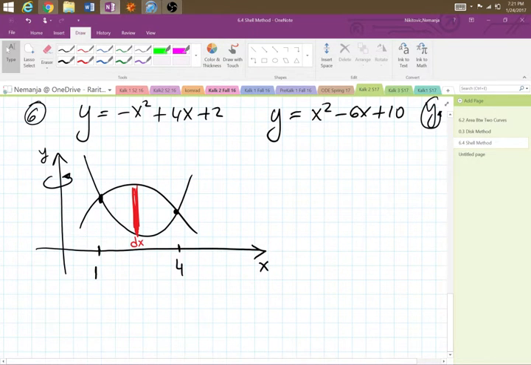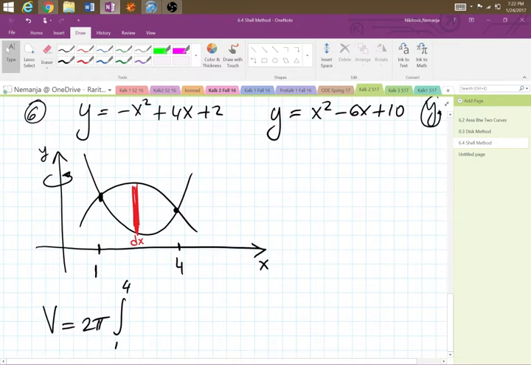So now we set up our integral. We are using dx, so the volume is 2 pi times the integral from 1 to 4, because the representative rectangle is going to swipe all the way there.